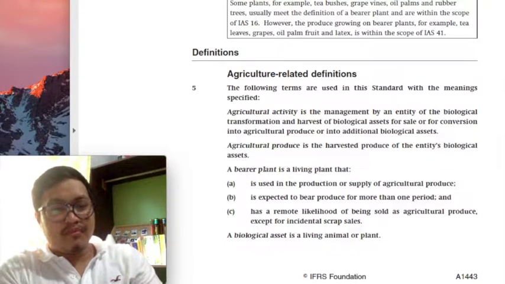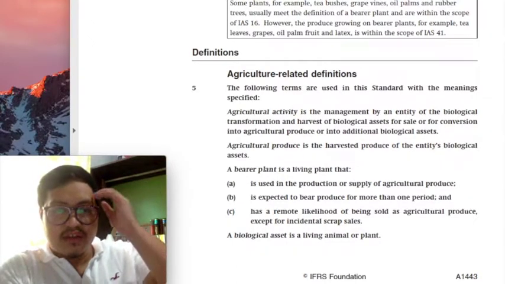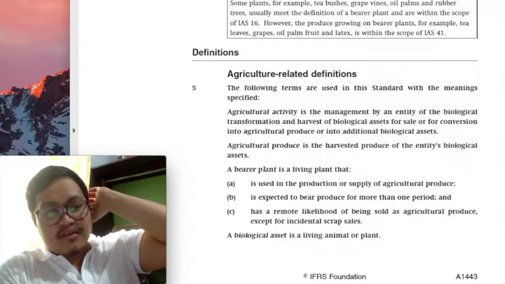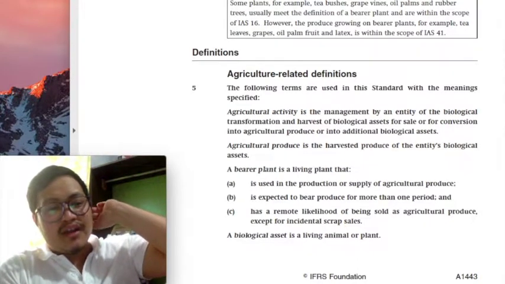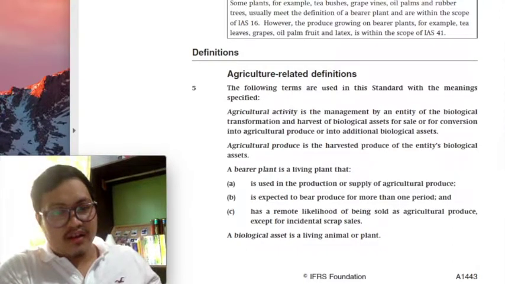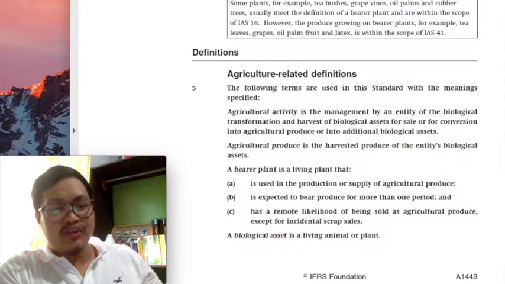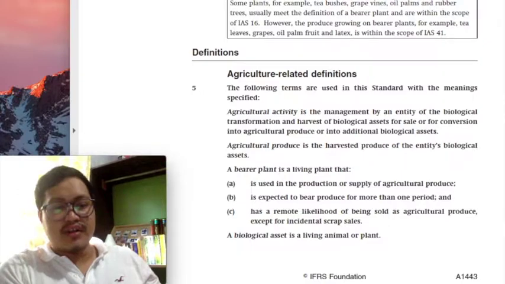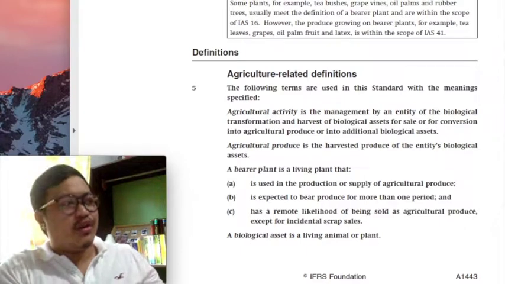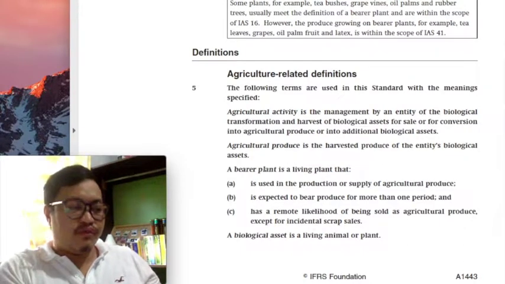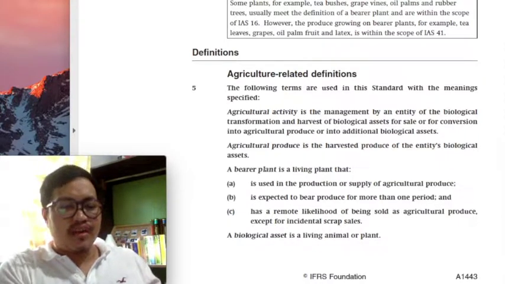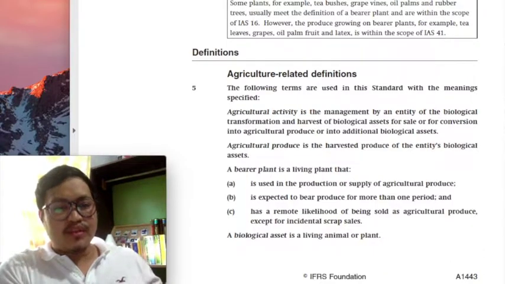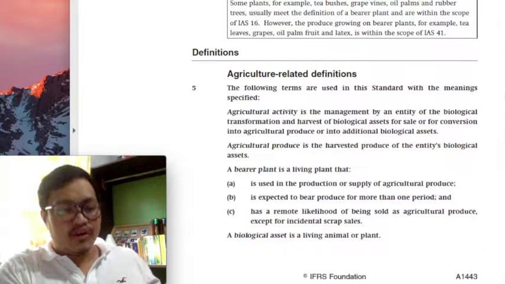Okay, but please understand this: there is no such thing as a bearer animal, class, because for animals, the sale of the animal itself as a biological asset, and not just as a producer of agricultural produce, will have value. For example, for chicken, even if you raise chicken for the purpose of having eggs, by the time you stop using the chicken to lay eggs, you would be able to sell it as a product itself.